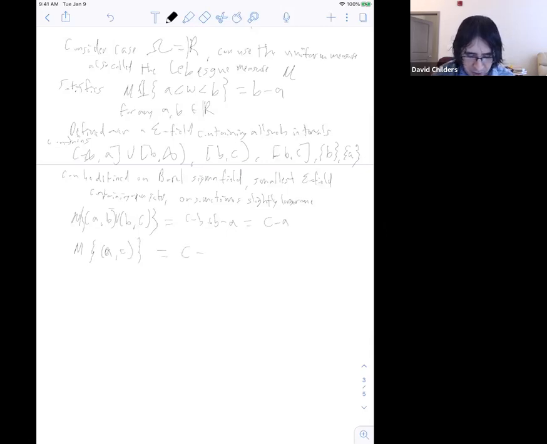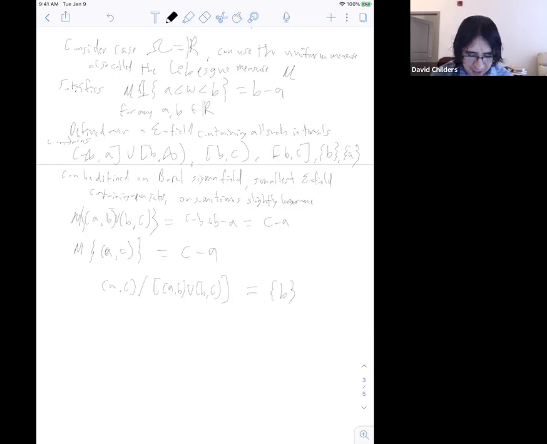That's just by the definition of Lebesgue measure, also C minus A. And so the difference between these two sets, A comma C excluding this set A comma B union B comma C, is simply equal to the singleton B.